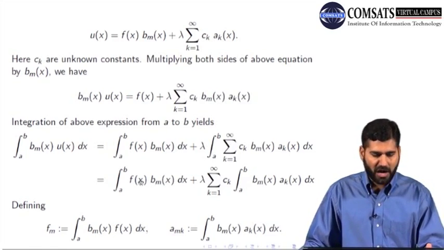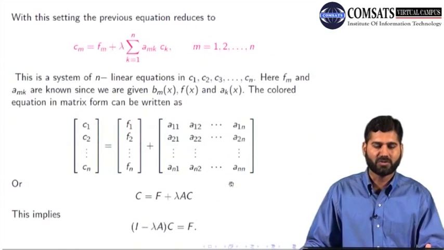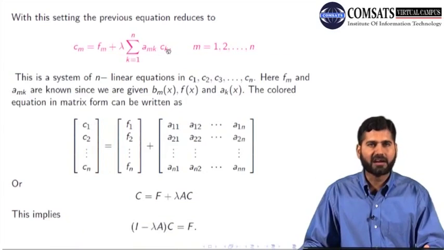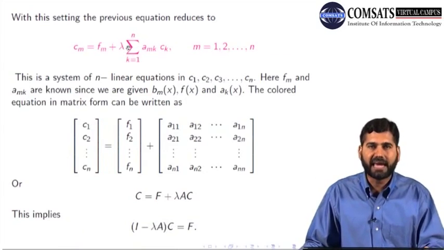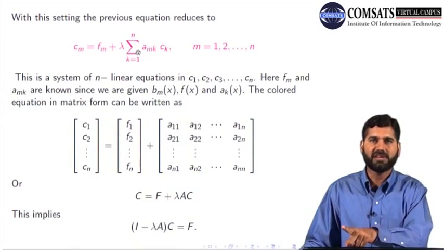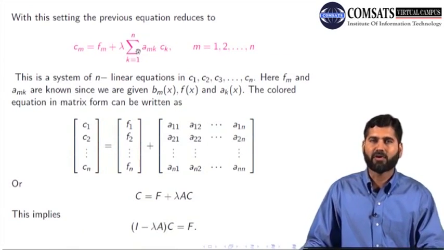So what is unknown? The unknowns are only c_m and c_k. That's why these are equations in c1, c2, c3, not in f_m or a_mk. They are known constants.